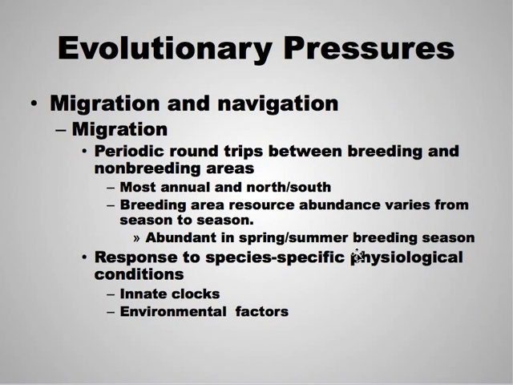Migration and navigation. Migration is trips between breeding and non-breeding areas. Typically annual, typically north to south. Breeding area has resources and space availability that is not abundant in the non-breeding area.